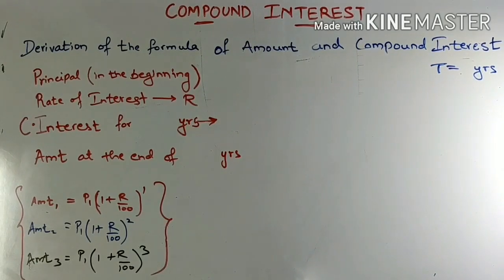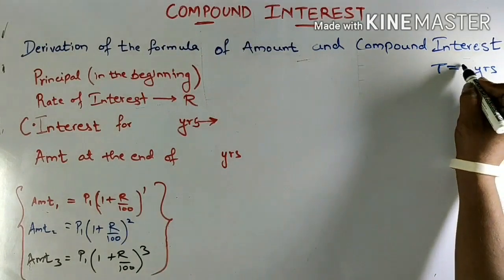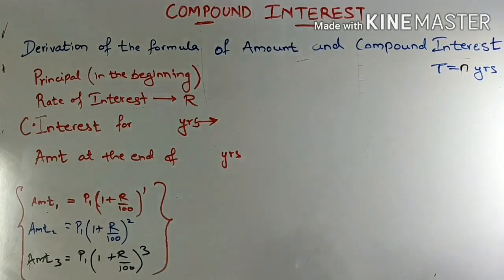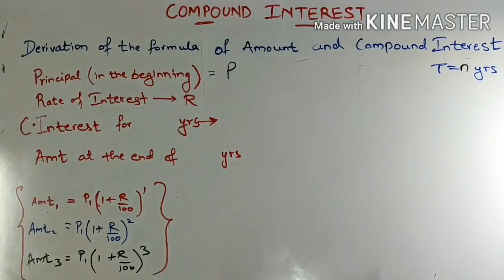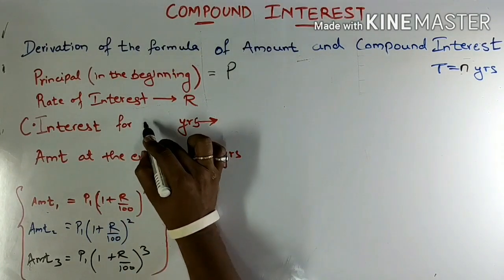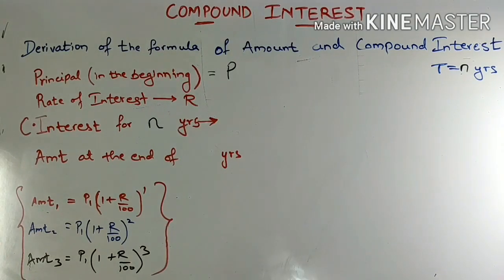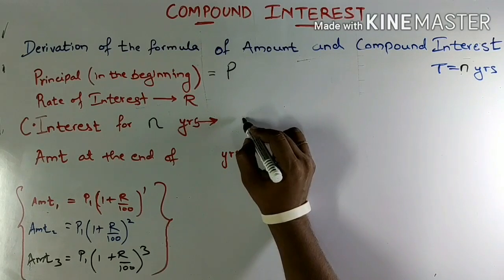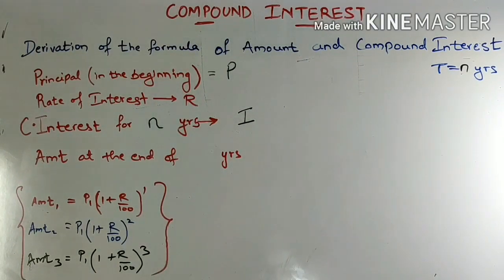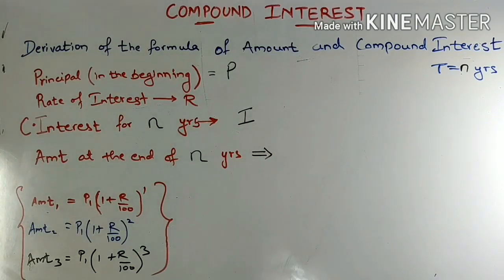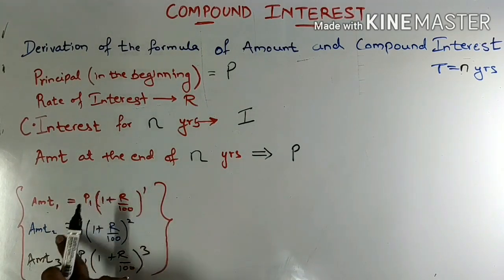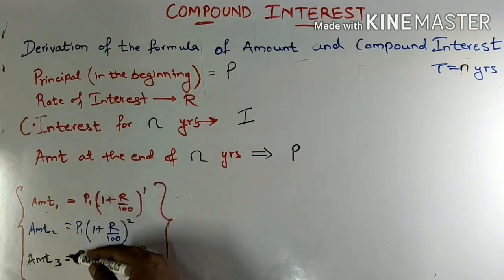So let us assume that we are calculating the amount for n number of years, and the principal at the beginning is P. Okay, rate of interest is R. Compound interest for n number of years will be, suppose, I. So amount at the end of n years will be given by the formula P. Since we are relating amount first year, second year, third year, my P1 remains constant, which was the principal for the first year.